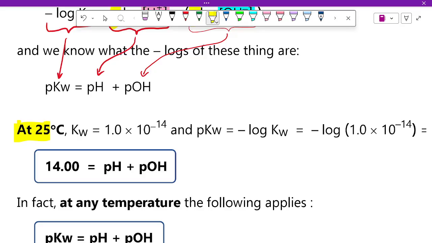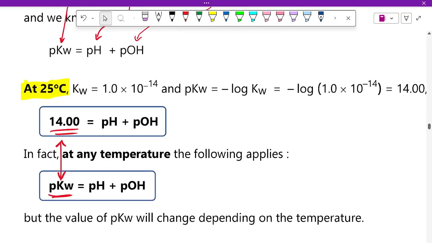At 25 degrees Celsius, 14 is pKw, and both of those things are equal to pH plus pOH. Now, if you're not at 25 degrees Celsius, then the value will change from 14. We'll look at that later, but for now, that will do.